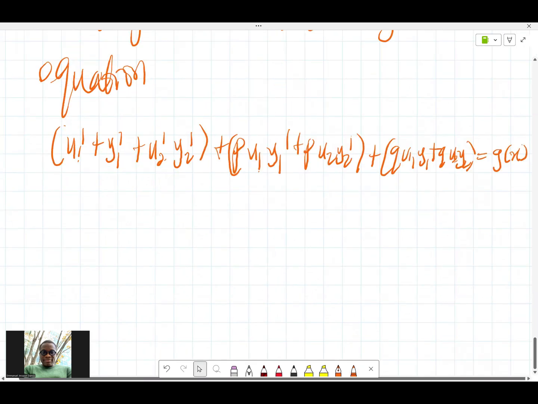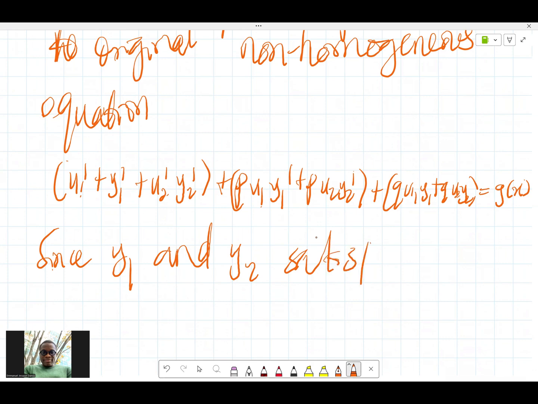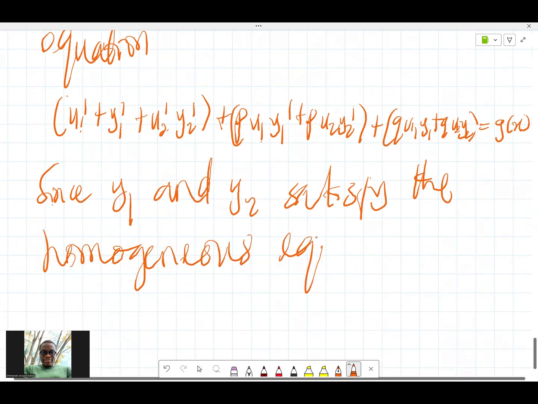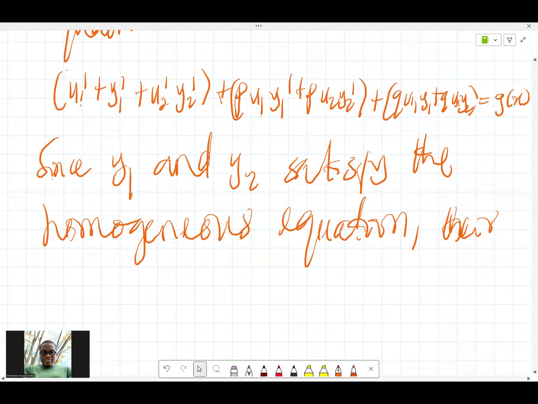So here now we say, since y1 and y2 satisfy the homogeneous equation, their terms cancel out. That's why you can see that it is actually simplified.